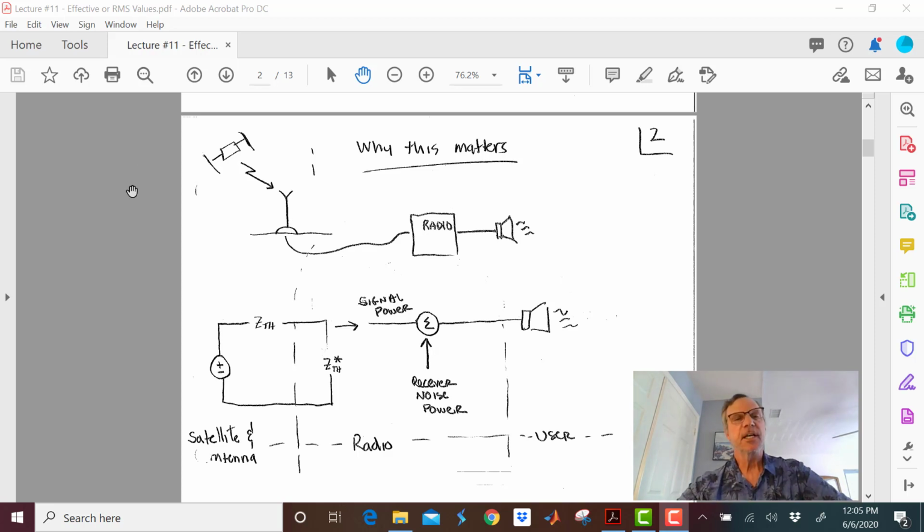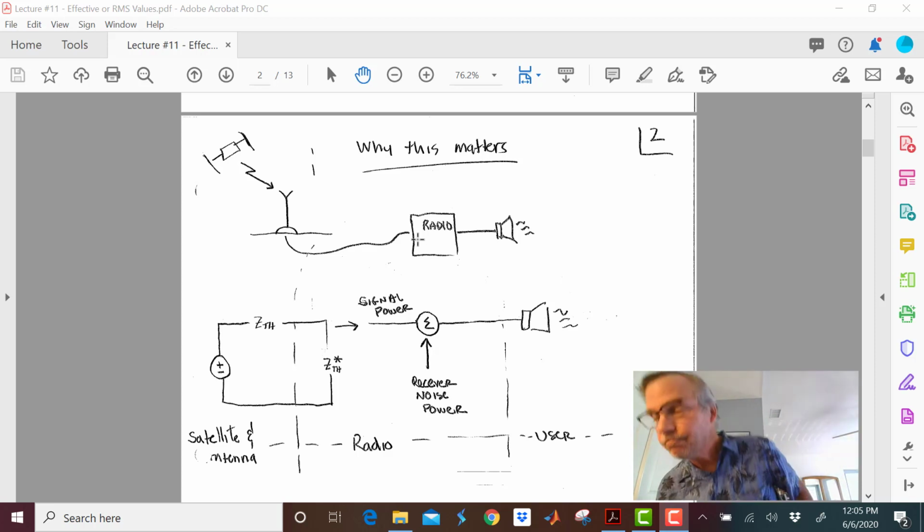So the signal from the satellite comes down and it hits this antenna. And from the antenna, we have a piece of coaxial cable that goes into our radio receiver. The radio receiver does a whole bunch of really cool stuff. After working with radio receivers for 35 years, I think the stuff inside is even cooler than I thought it might be when I was learning.